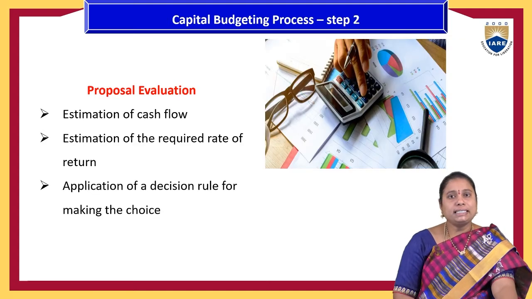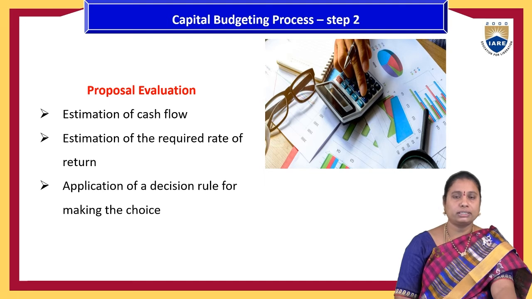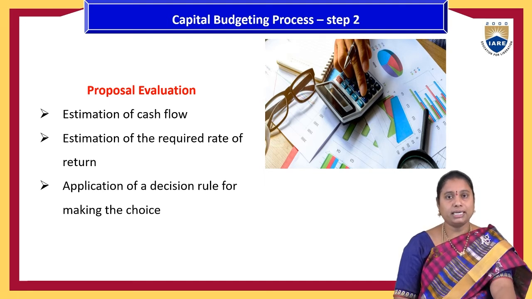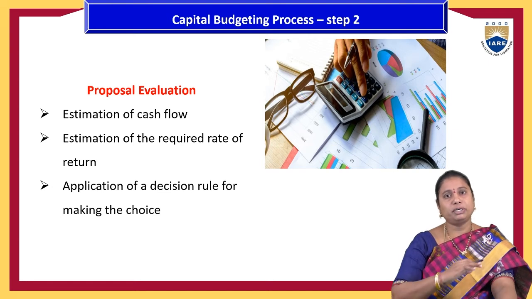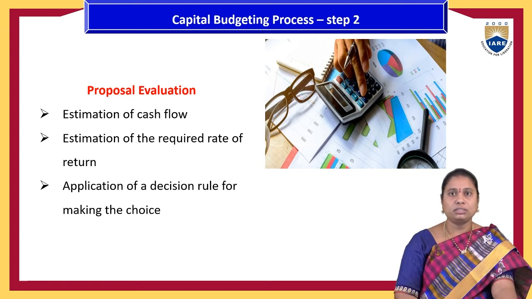Once a project is identified, the next thing is evaluation of that particular proposal. That is, what are the cash inflows of that one, and what are the cash outflows. That is, how much investment they need to invest presently, and how much they expect from that investment in the future, which they have to analyze.